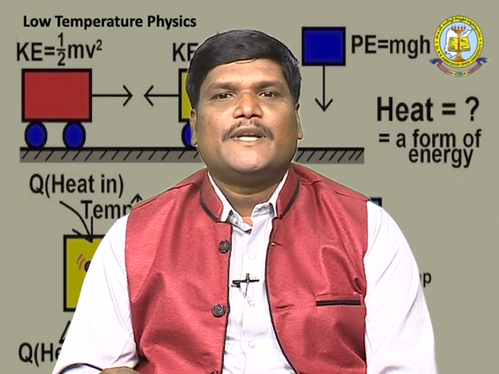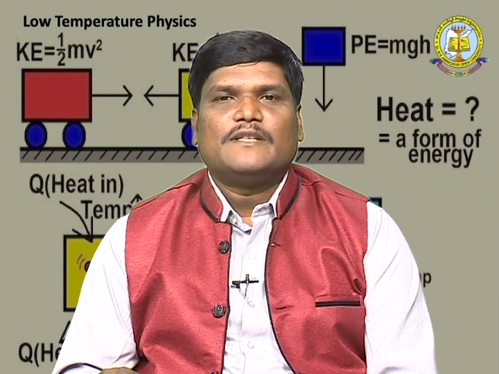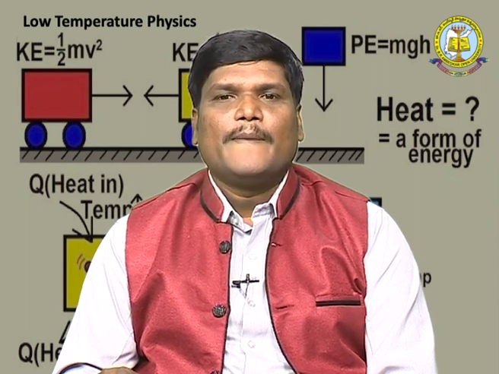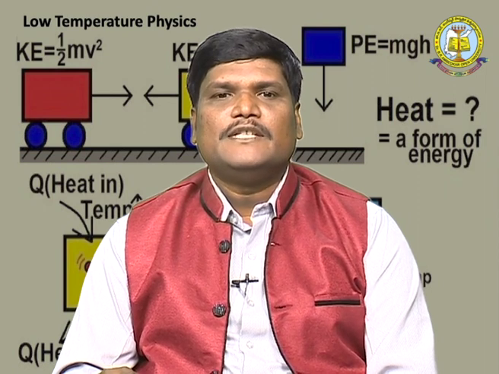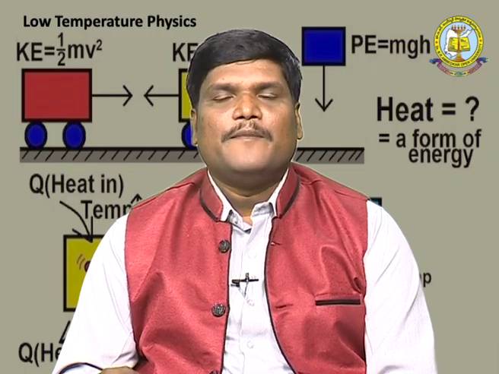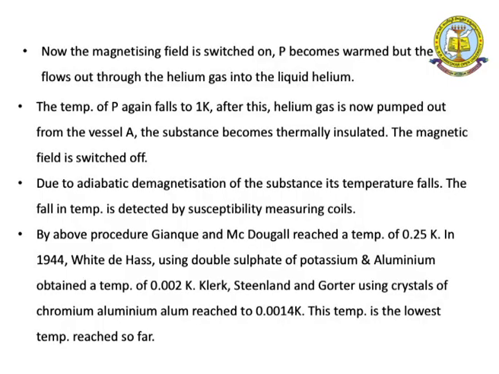The fall in temperature is detected by the susceptibility measurements of the coils. By this procedure, many scientists have achieved lower temperatures in different materials. Giauque and MacDougall reached a temperature of 0.25 Kelvin.